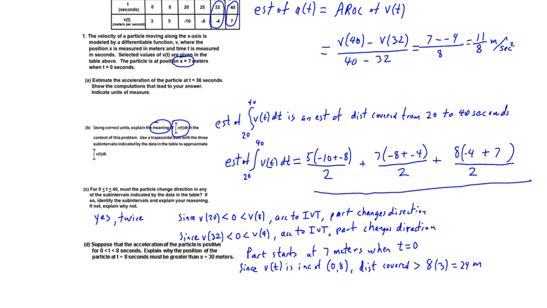And since 7 plus 24 is greater than 30, the position of the particle is greater than 30 meters.